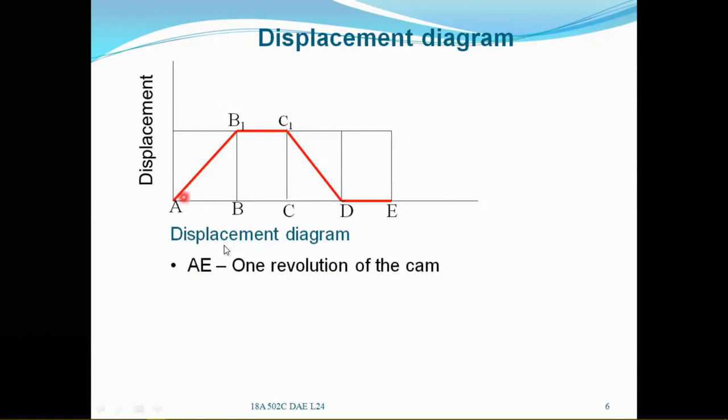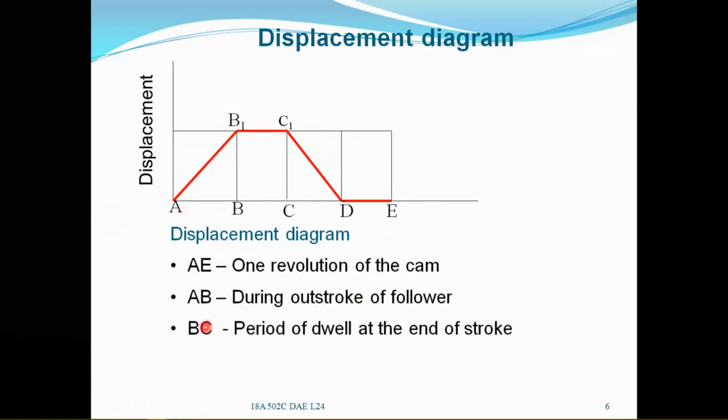So A to E is one revolution of the cam. A to B is during the outstroke of the follower, and BC is the dwell period at the end of the stroke, and C to D is during the return stroke of the follower.